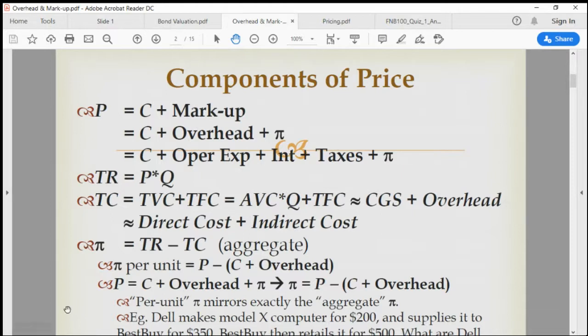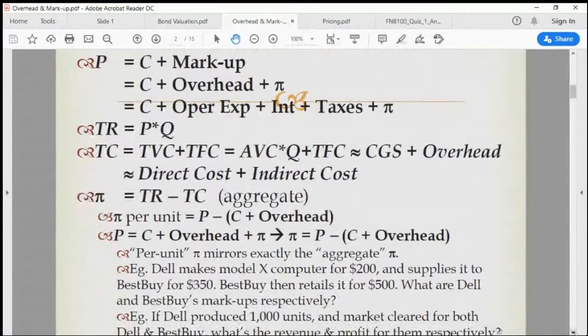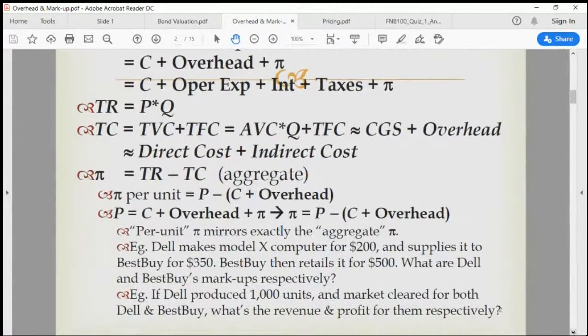But anyway, if you now understand this structure, then price is cost plus overhead plus profit, right? Then profit is what? Price minus cost plus overhead.